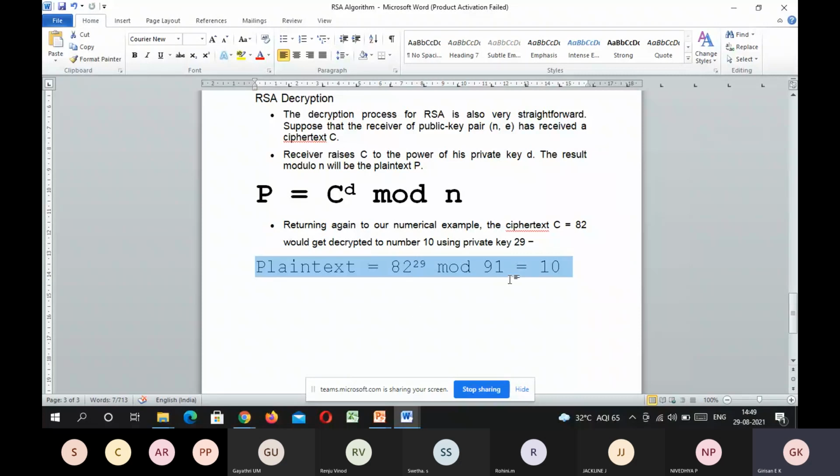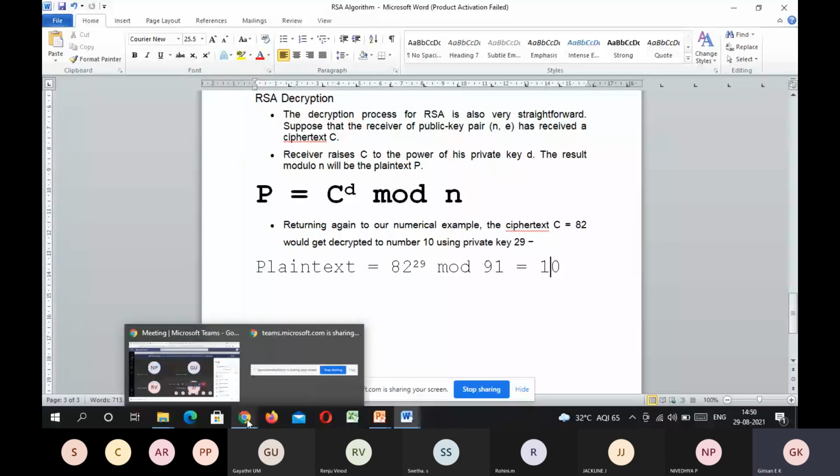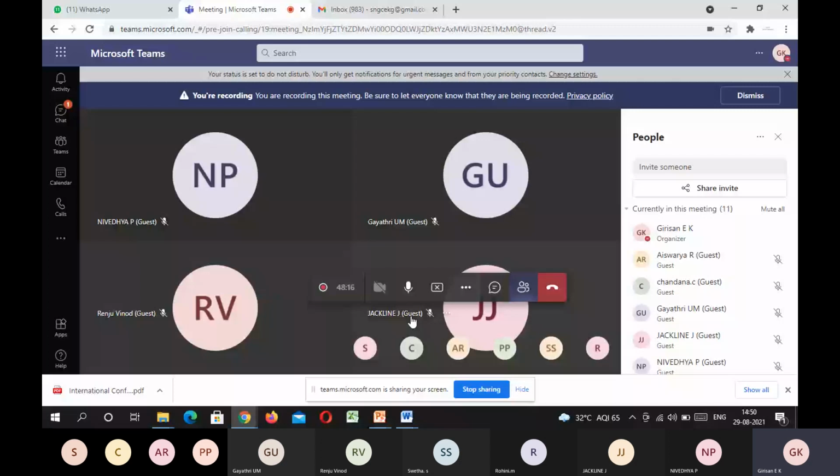The value when you calculate will be equal to 10. So therefore it is correct. Suppose this value is not 10, and you are getting 12 or something, it means definitely it is wrong. Something has happened. Can you all understand? So this is your RSA algorithm. Any questions you have in this?